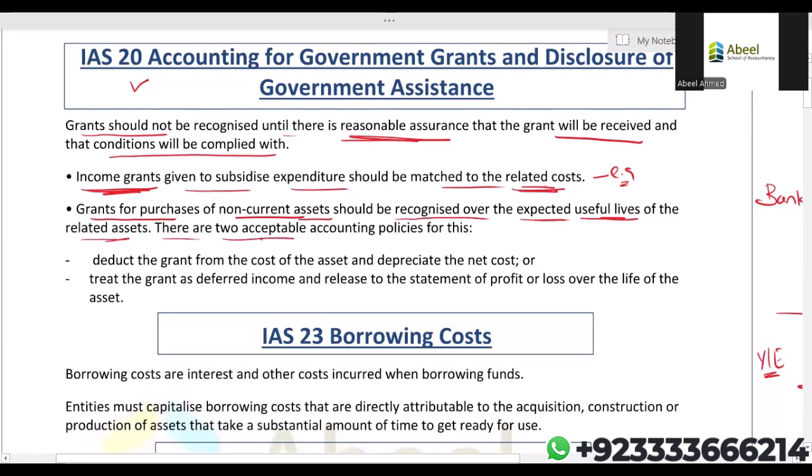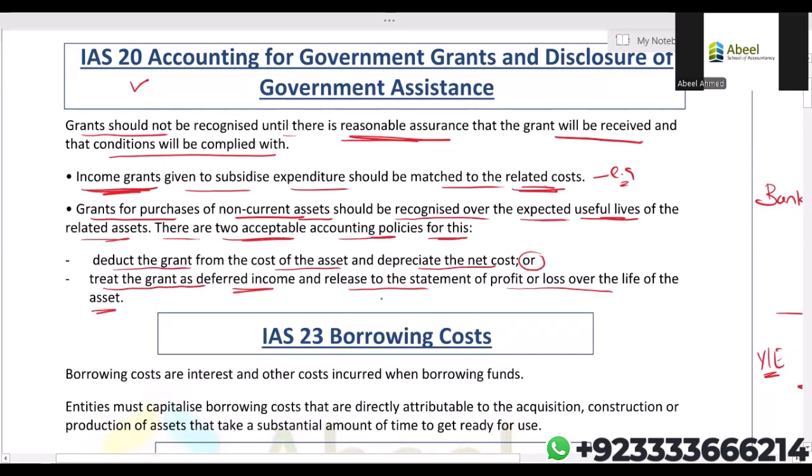There are two acceptable accounting policies for this: deduct the grant from the cost of the asset and depreciate the net cost, or treat the grant as deferred income and release it to the statement of P&L over the life of the asset.